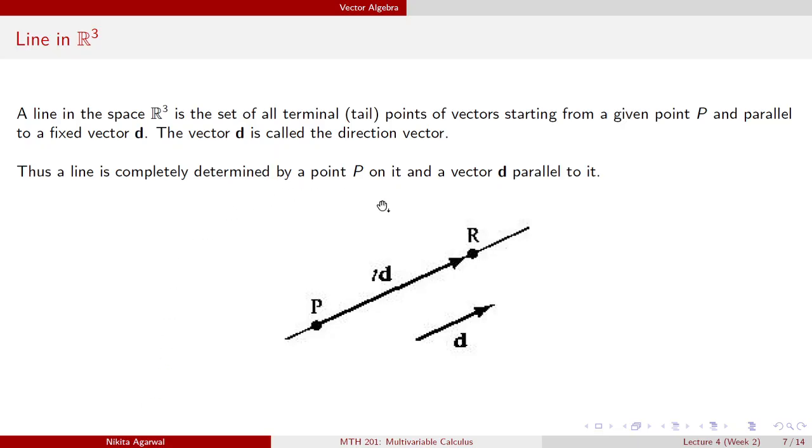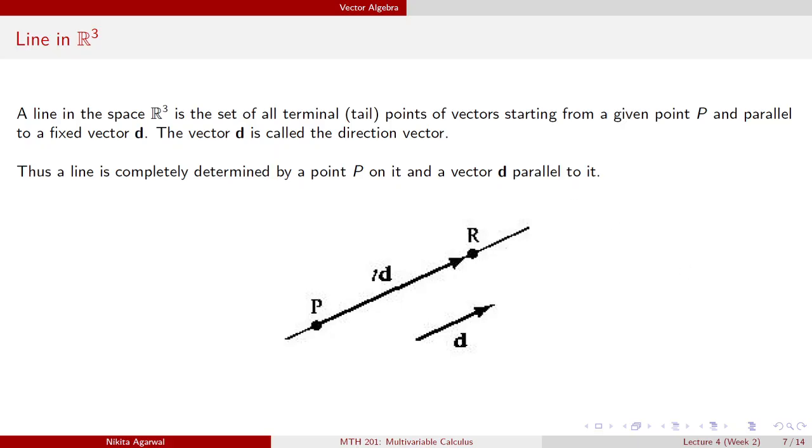So you consider all the points which are tails of vectors which start at P and are scalar multiples of D. Thus a line is completely determined by a point P on it and a vector D which is parallel to it. So that gives you a line.